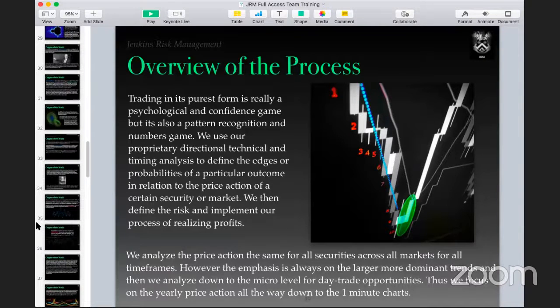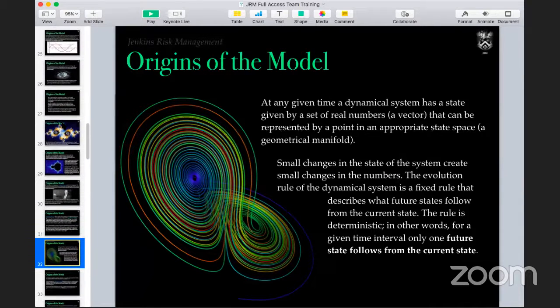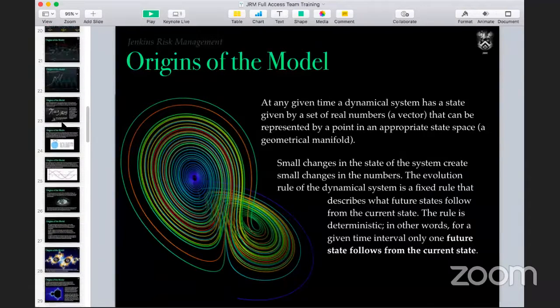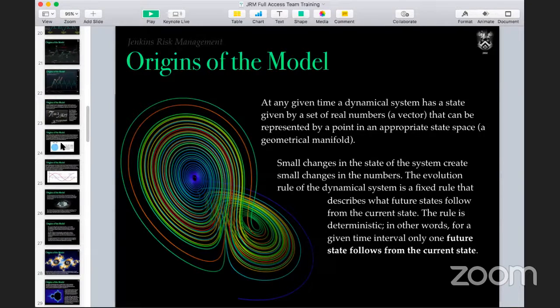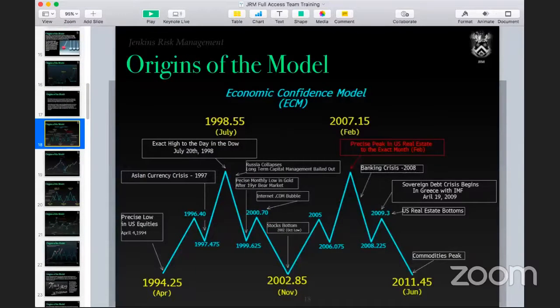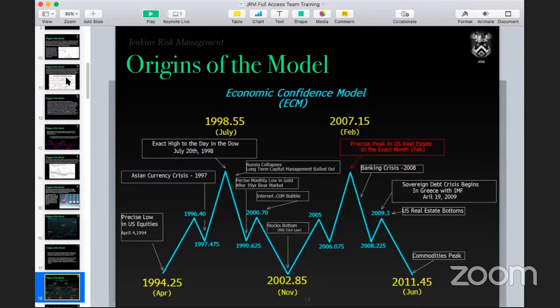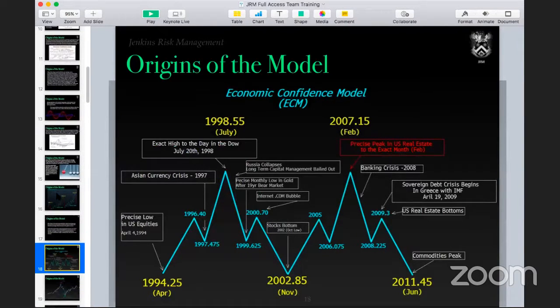And so the model is fractal in nature, and it gets back to the origins of how I built it. I really spent time researching time and understanding how different cycles played out in the markets. I would do a lot of work on Bloomberg and send different write-ups to clients about different waves.